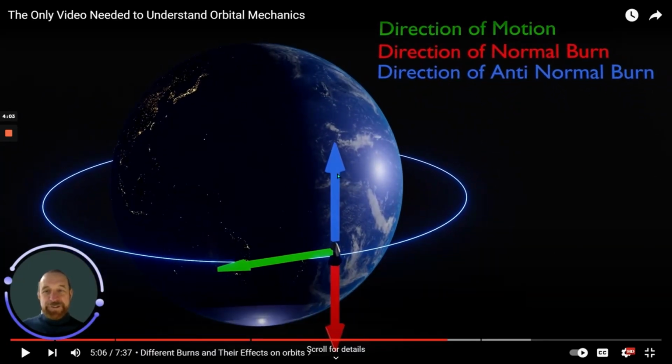That was a very smooth transition. He went from a simplified two-dimensional way of looking at orbits to a three-dimensional one, because that will be very relevant in a second.